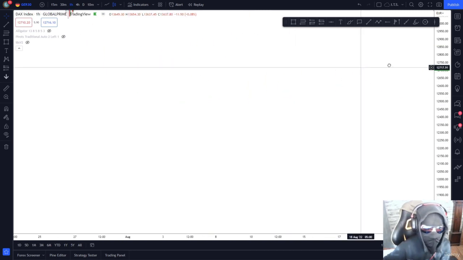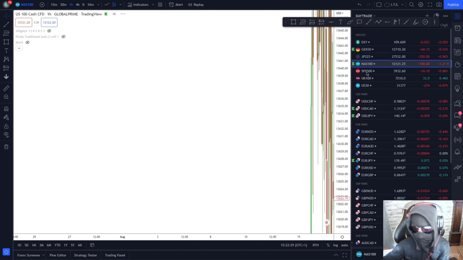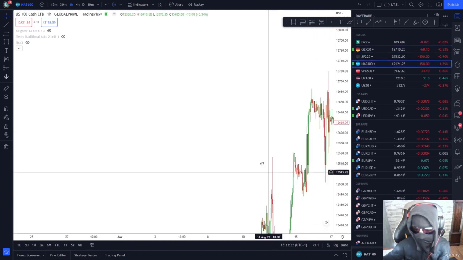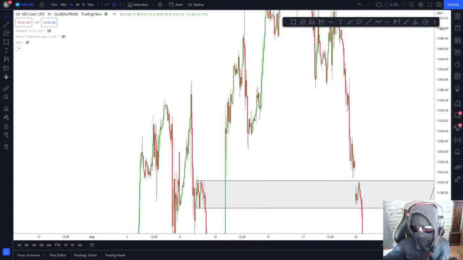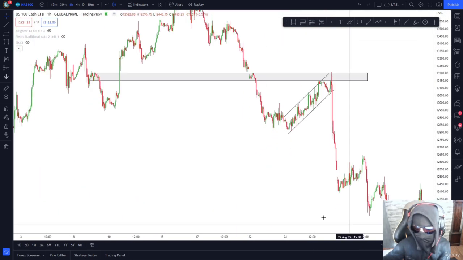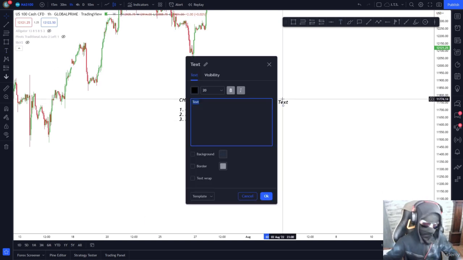So that's it. Those are the most important patterns. You can look up on Google head and shoulders, double bottom, double top. So I'll write them out. The best one is head and shoulders, right?